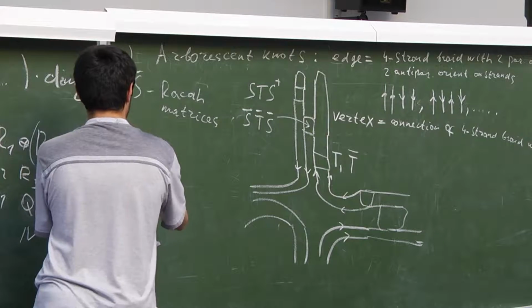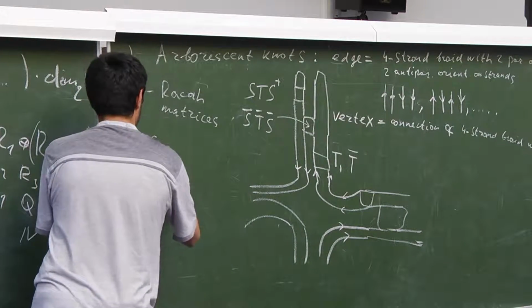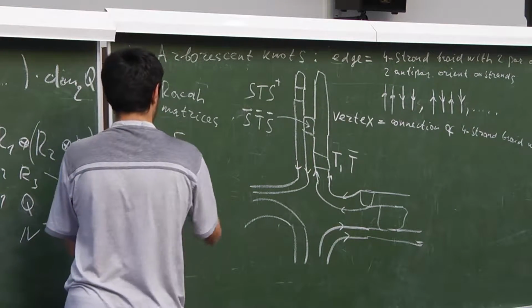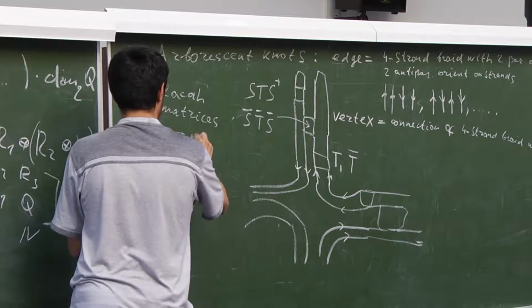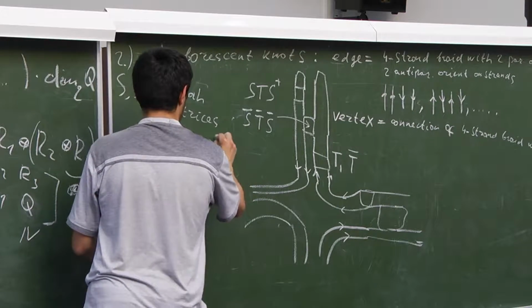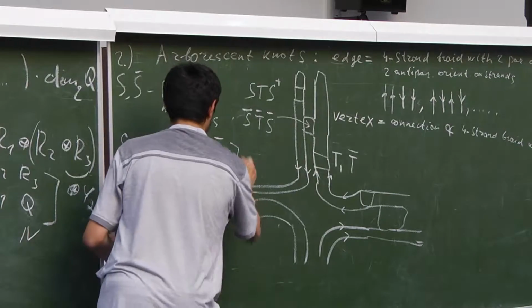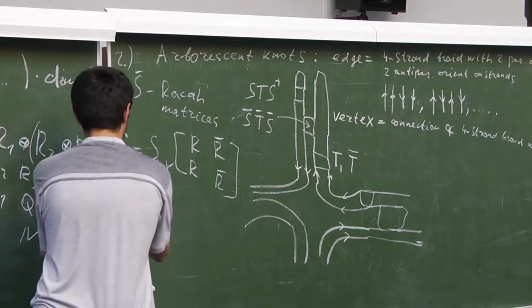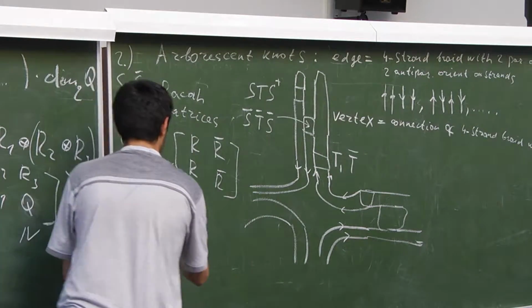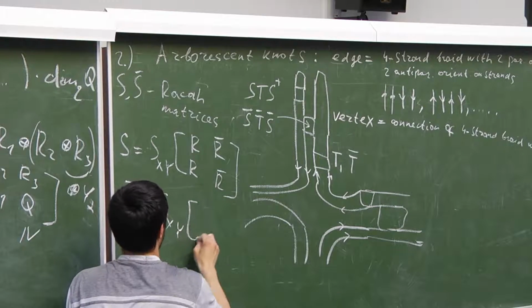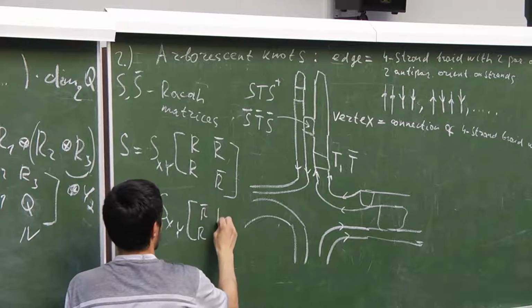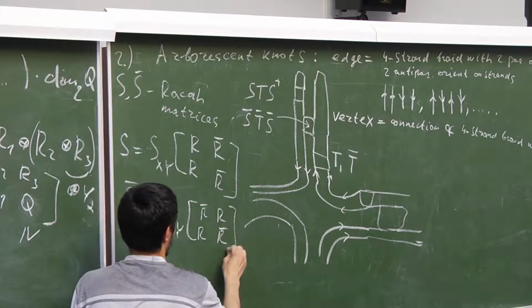Actually, they correspond to representations R and R adjoint, matrices S and S bar for R adjoint.